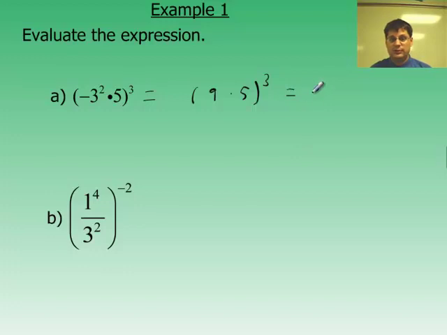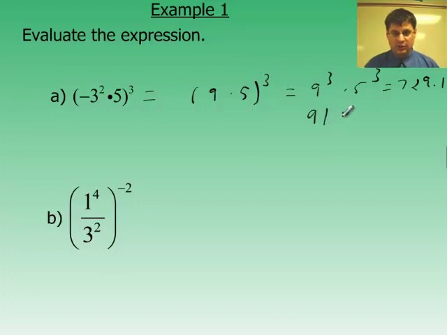So that's going to be 9 cubed times 5 cubed, and 9 cubed is going to give me 729, so I'll have 729 times 125, and when I multiply those two amounts together, it gives me the same 91,125.